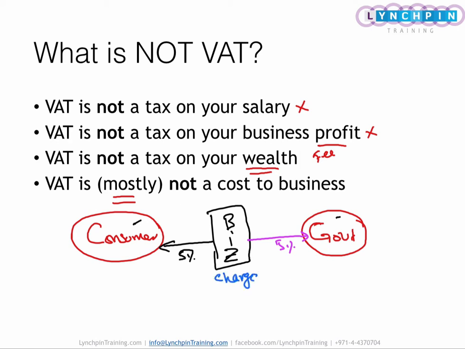I have to charge VAT to the end consumer, and ultimately I will pay it back. So it means that indirectly the state is collecting VAT from the end consumer via us. Us means the businesses here, and VAT won't be a tax on me as a business, and we'll see onward how it will get proved also.